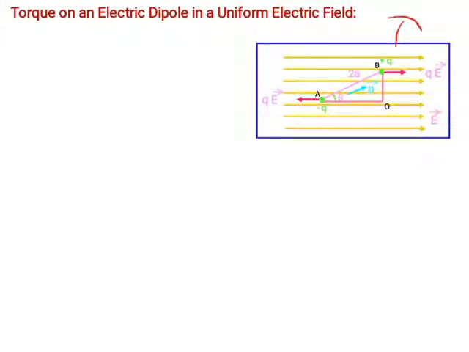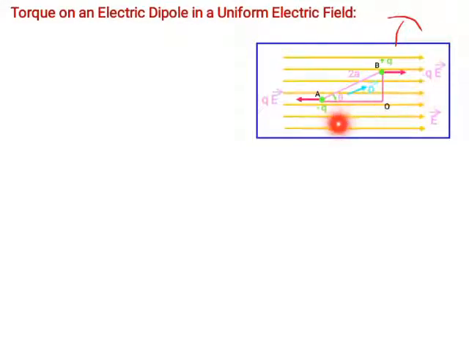Now the angle between P and E: this pink color line and yellow color line are overlapping, both in the same direction, so the angle between P and E is theta. And these arrows show the couple of forces. Force formula F is equal to qE, which we discussed already in the previous videos.